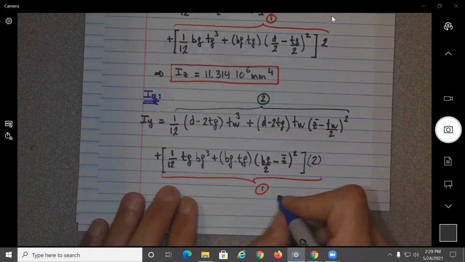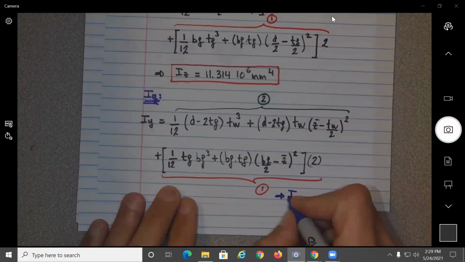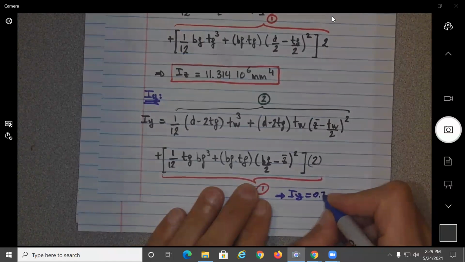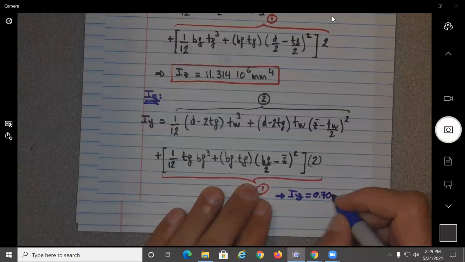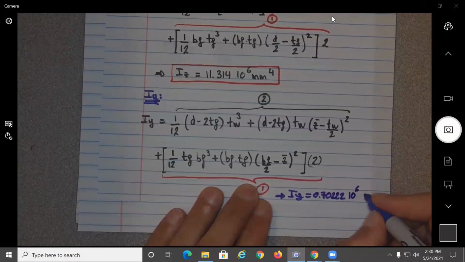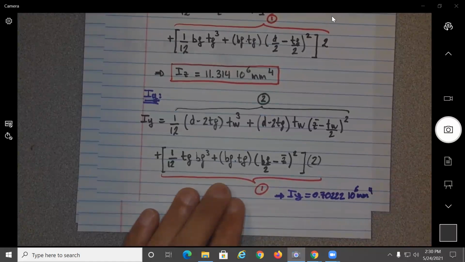This gives you that Iy is equal to 0.70222 times 10 to the 6 millimeters to the 4th.